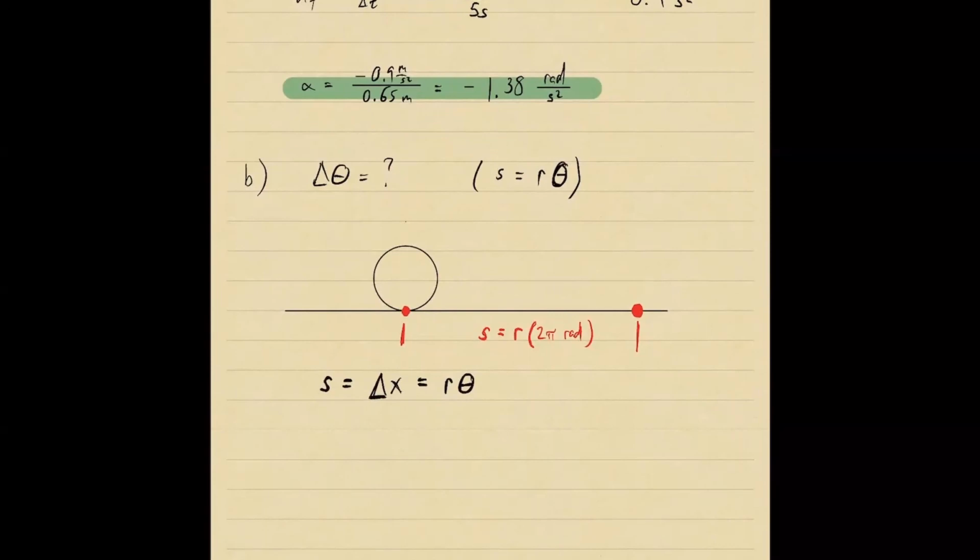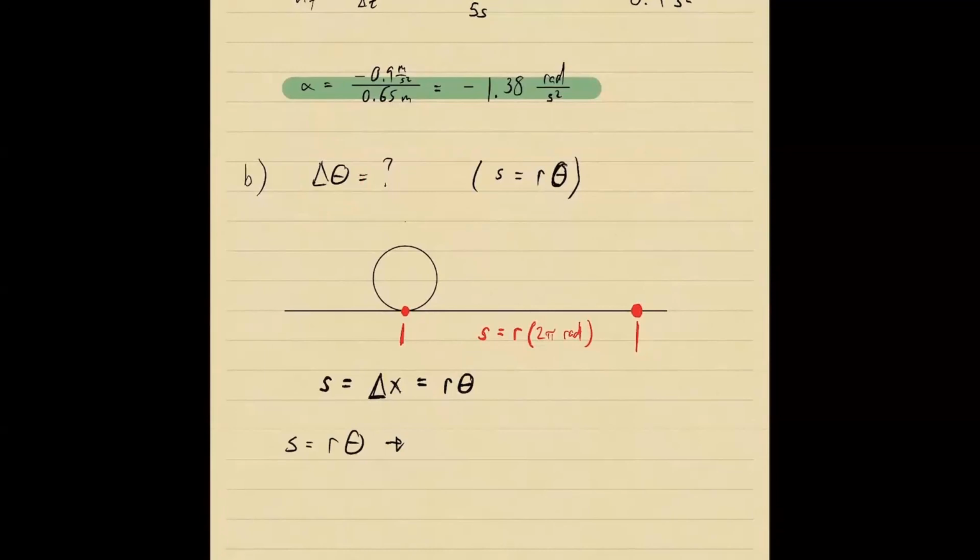So the reason why I bring this up is because we know that if S is equal to r theta, then if we're trying to find our total angular displacement, this is going to be equal to delta x. And so if I divide both sides by r, then this gives us that our displacement in the x direction divided by r gives us our angular displacement. So maybe it's more appropriate to put some delta signs here, right?